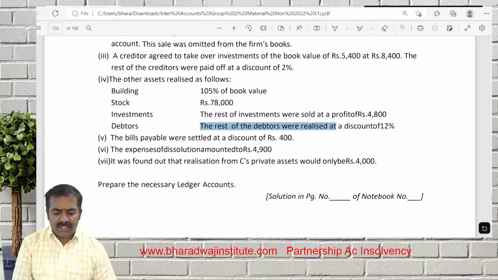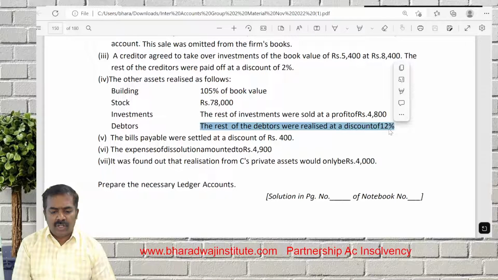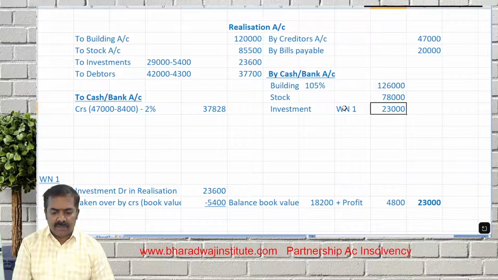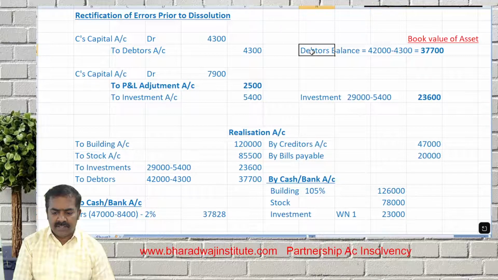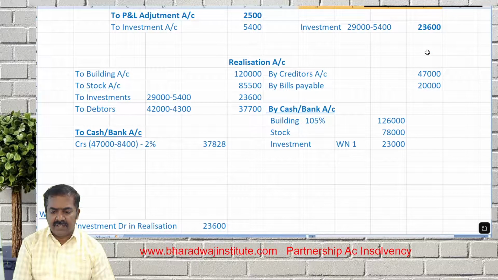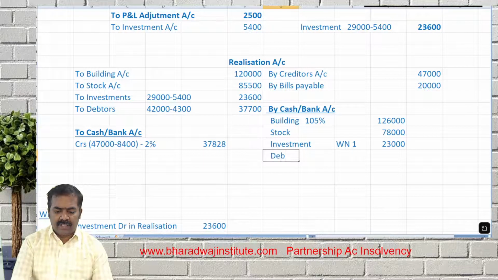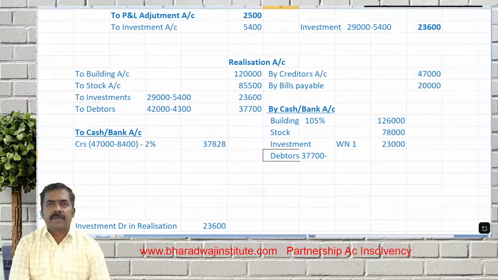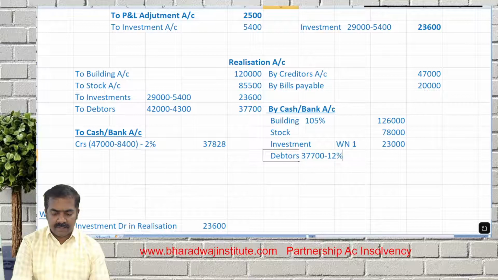The rest of the debtors realized at a discount of 12%. See how much debtors there are. Debtors balance after the rectification 37,700. So debtors realized is 37,700 minus what percentage? 12%. 37,700 is debtors balance.